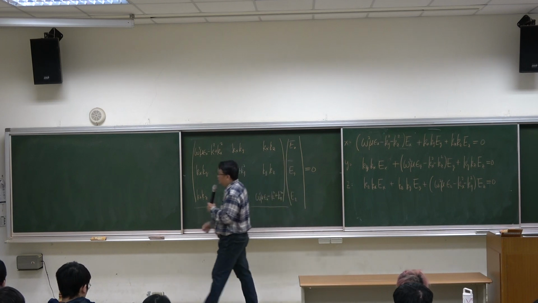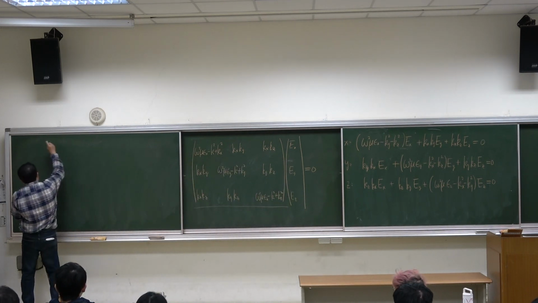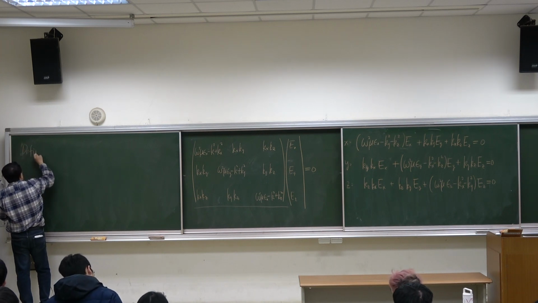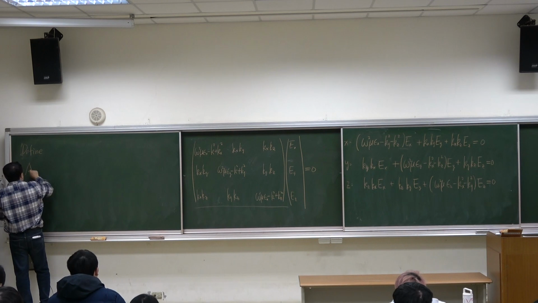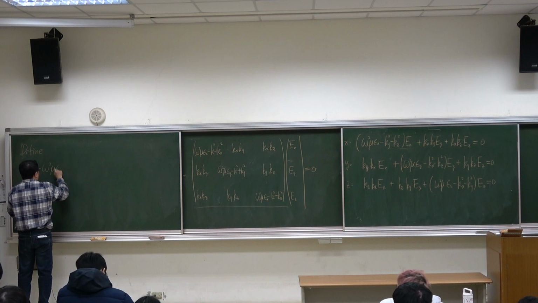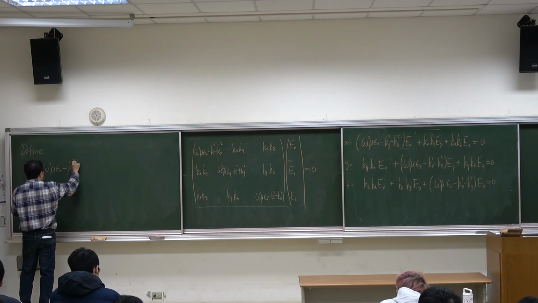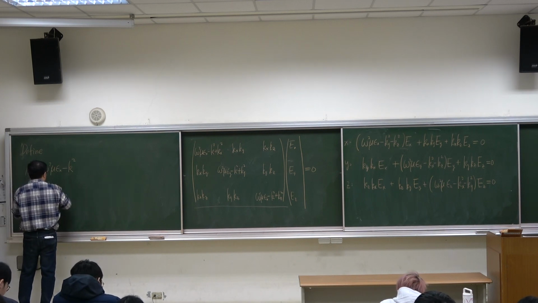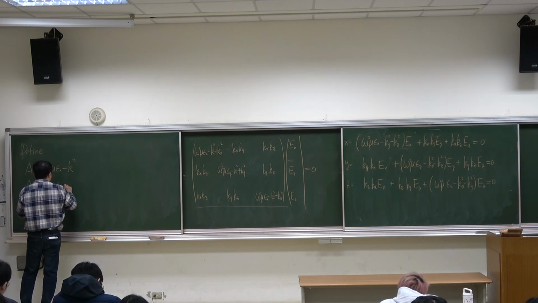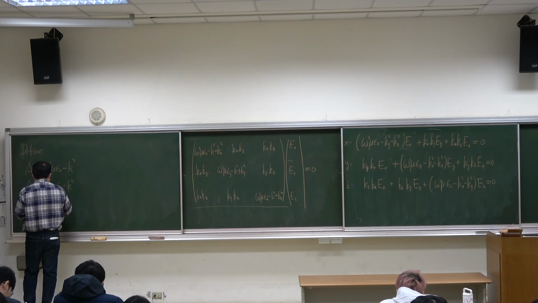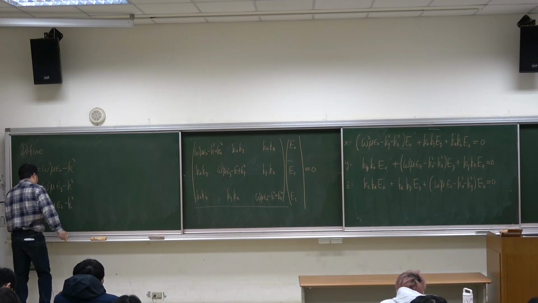Let me define AX as omega squared mu epsilon x minus k squared, AY as omega squared mu epsilon y minus k squared, and AZ as omega squared mu epsilon z minus k squared.